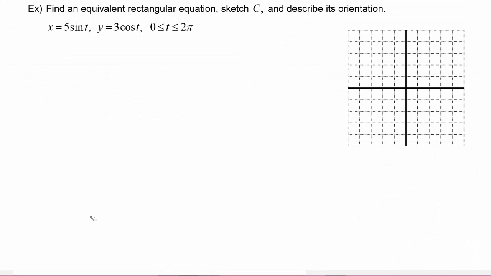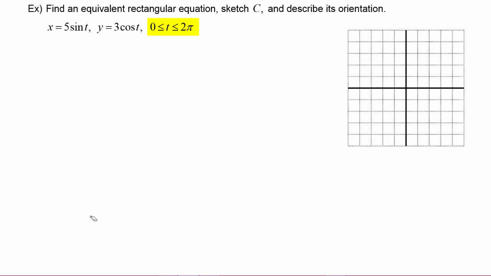In this example, we have to find an equivalent rectangular equation, sketch C, and describe its orientation. We are given the parametric equations that x is equal to 5 sine of t and y is equal to 3 cosine of t.